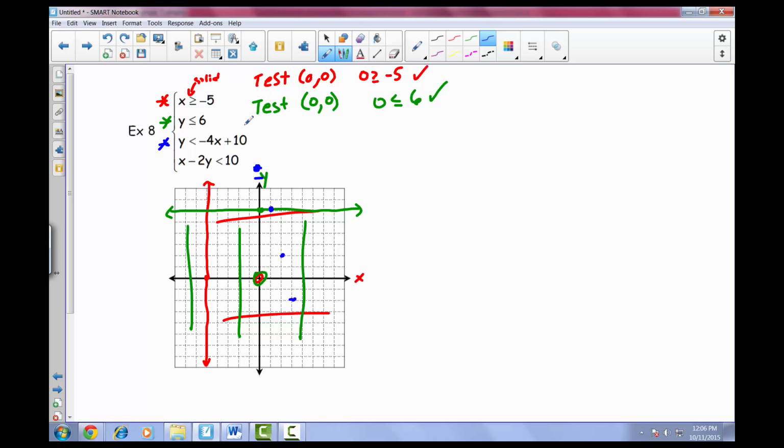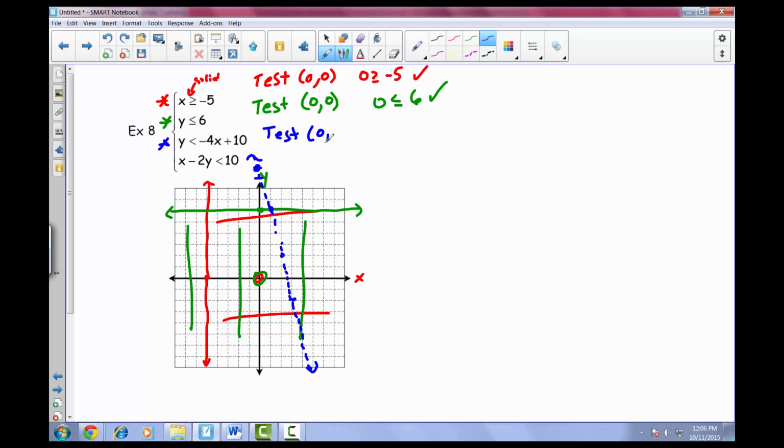And so then we would end up with, actually, a dotted line here because our inequality does not have that bar underneath. So we would see something like this. Again, we'd have to test something to shade.